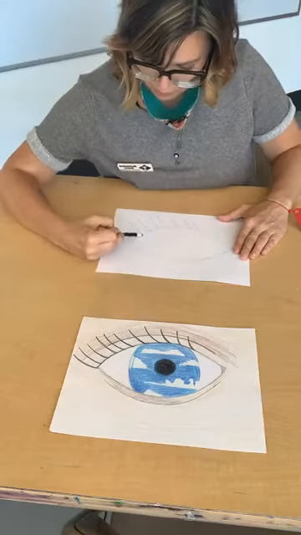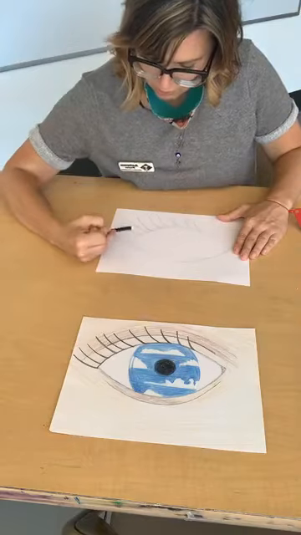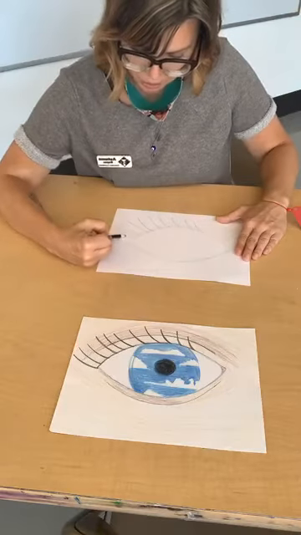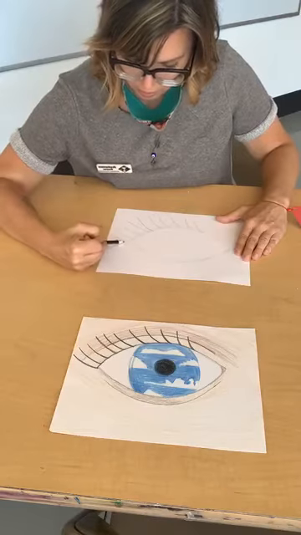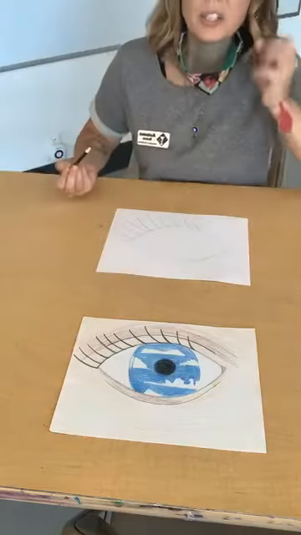And we don't have to do a ton of them, because it's a little more stylized because it is surrealist, right? So it doesn't have to be realistic. Okay, so we draw in our eyelashes.